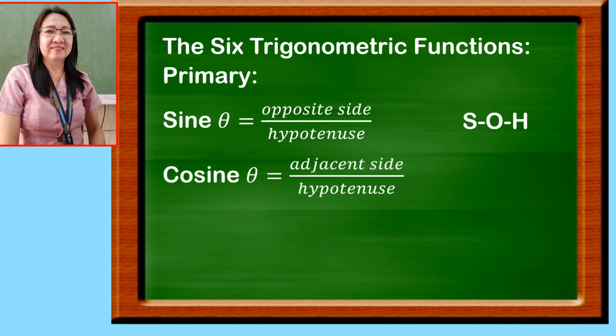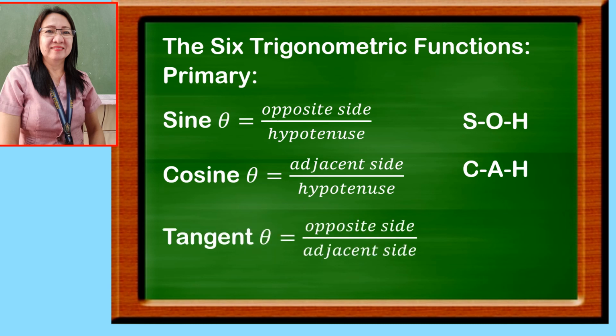The second one is the cosine theta, which is adjacent side over the hypotenuse. So in the acronym, you can recognize this as CAH. C for the cosine, A for the adjacent side, and H for the hypotenuse.